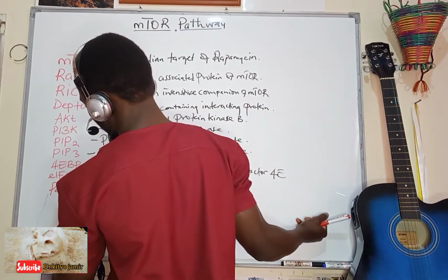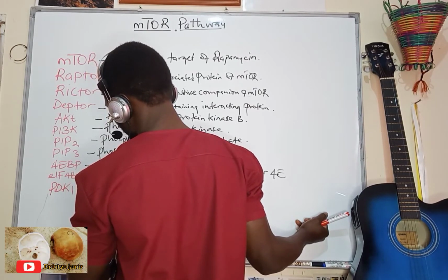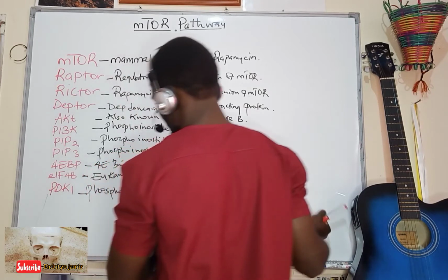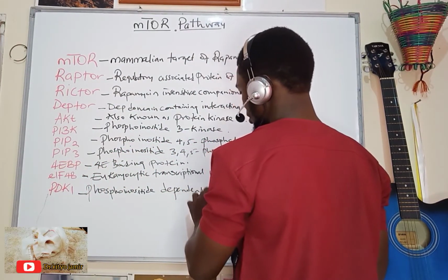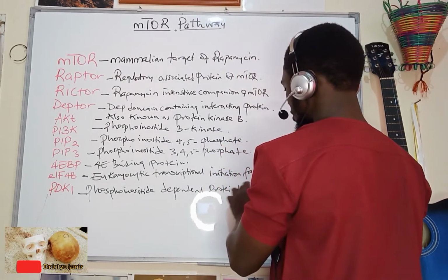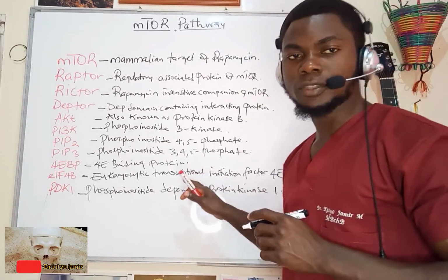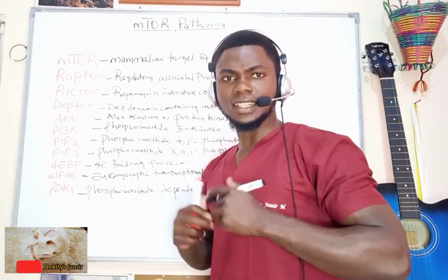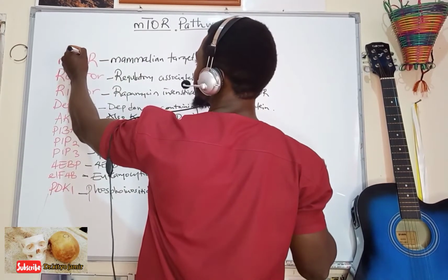PDK1 is phosphoinositide dependent protein kinase 1. So these are some of the short forms we are going to be coming across in this pathway. Let us see the difference between the two molecules of mTOR.